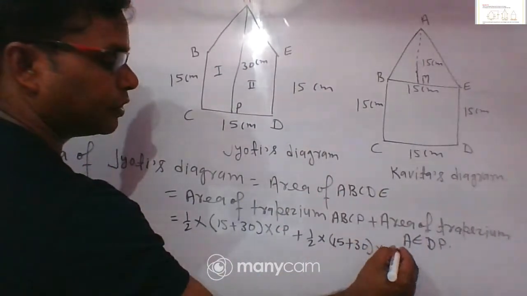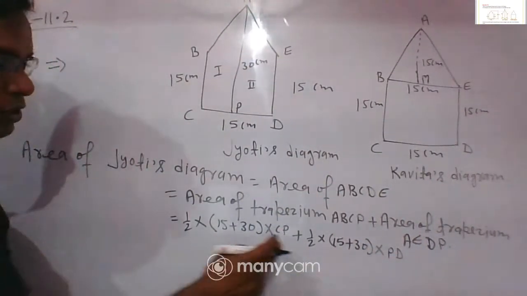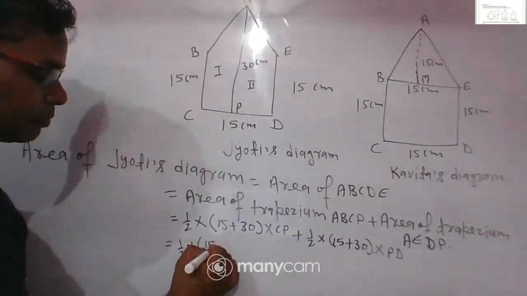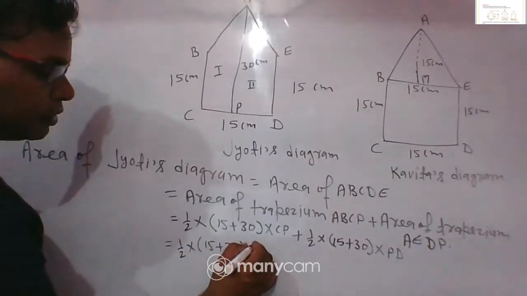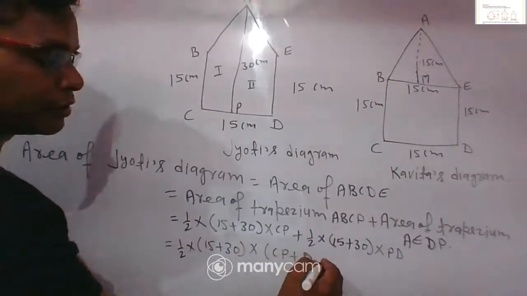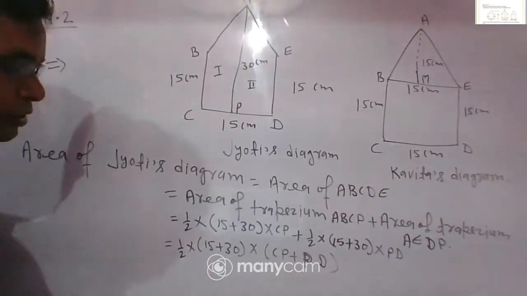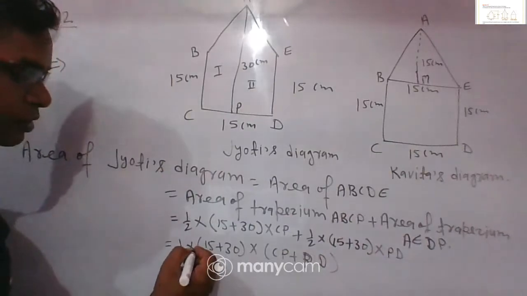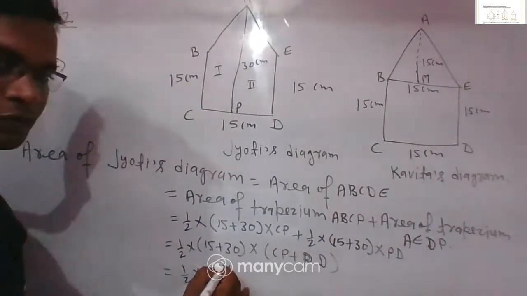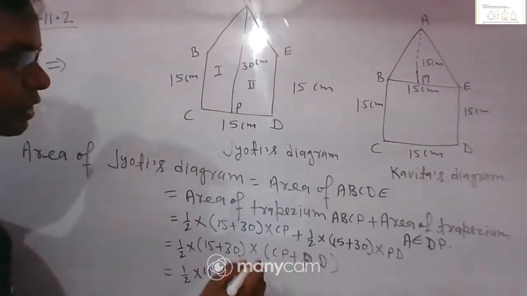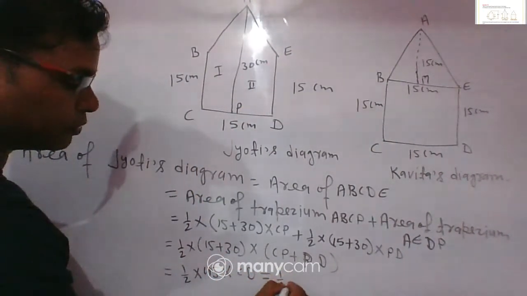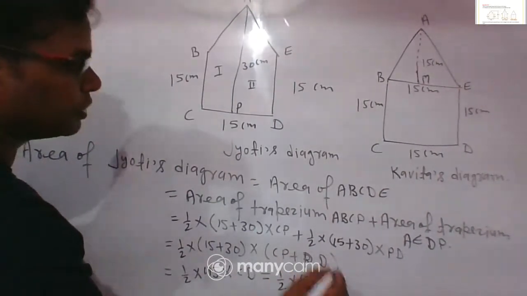You can see 1 by 2 and 15 plus 30 are common, so we take common: 1 by 2 into 15 plus 30 into CP plus PD. This is clear. So 30 plus 15 is 45. 1 by 2 into 45 into CP plus PD, which becomes CD. This is equal to 1 by 2 into 45 into CD, which is given as 15.